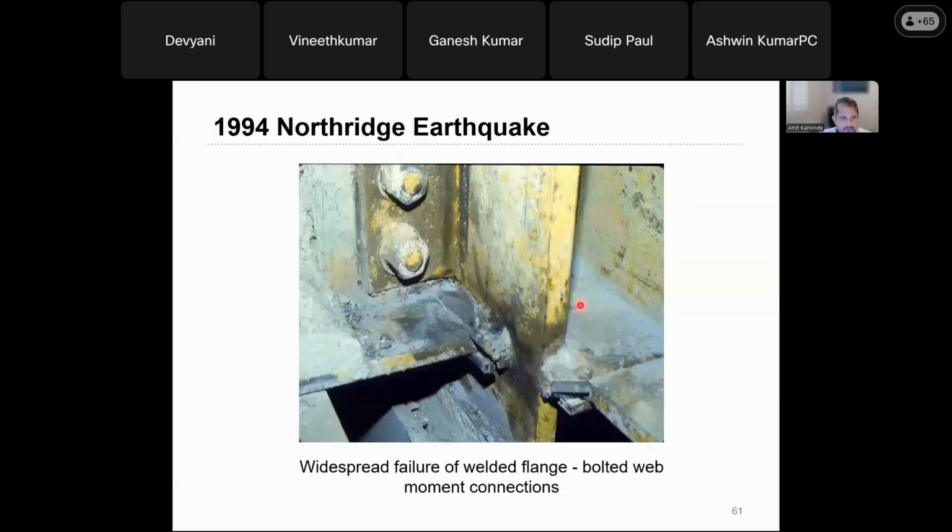However, in the 1994 Northridge earthquake, we saw a number of fractures. It was pretty widespread, with failures of these connections, which almost all started at the lower flange weld. Here are just a couple of pictures.